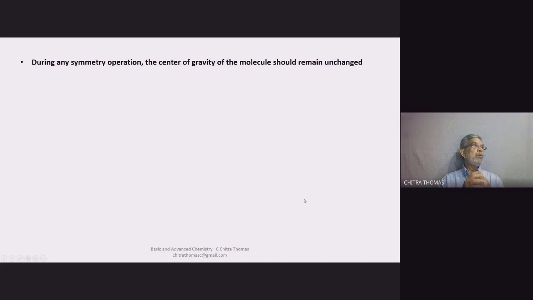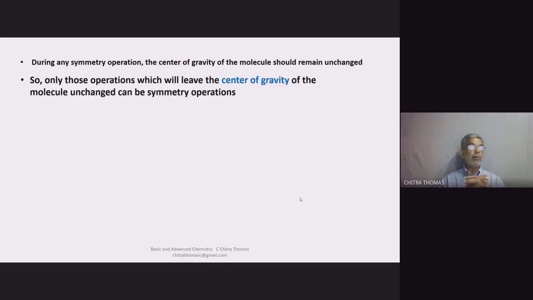Now, during any symmetry operation, the center of gravity of the molecule should remain unchanged. So, only those operations which will leave the center of gravity of the molecule unchanged can be symmetry operations.